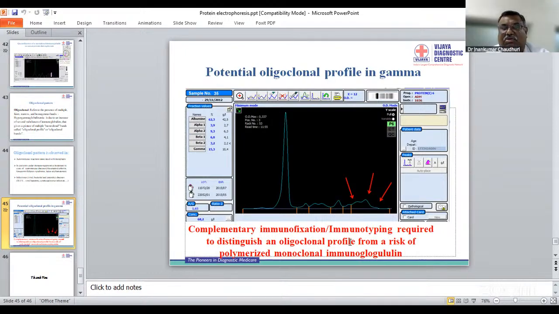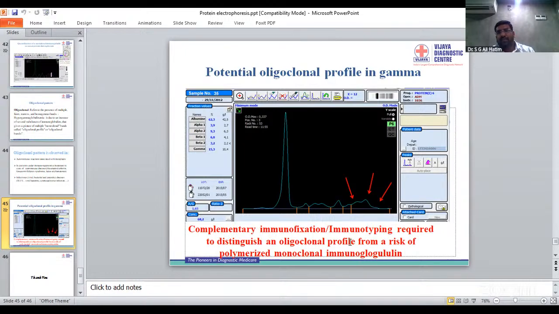Nice. Now, one of the audience would like to know about the interferences in protein electrophoresis. Based on the type of sample, interferences arise if the sample is lipemic, or hemolyzed, or if the patient has high bilirubin. If we run these kinds of samples, additional fractions will be seen. Usually the pattern is albumin, alpha 1, alpha 2, beta 1, beta 2, gamma.